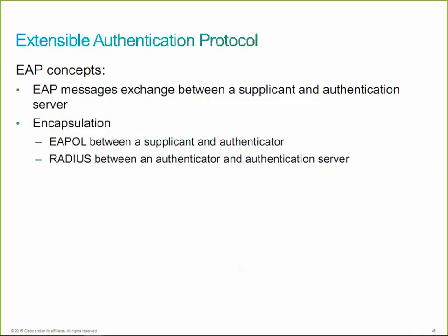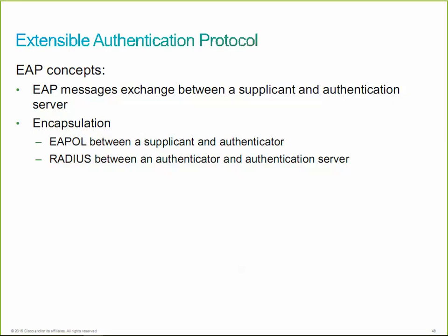The authenticator acts like a proxy, right? I mean, that's by definition what a proxy is, something that does something on behalf of something else. So the proxy between the supplicant and the authentication server doesn't actively participate in the communication. It's hard to quantify that, because it's directly involved in the communication, but it's really just a messenger.